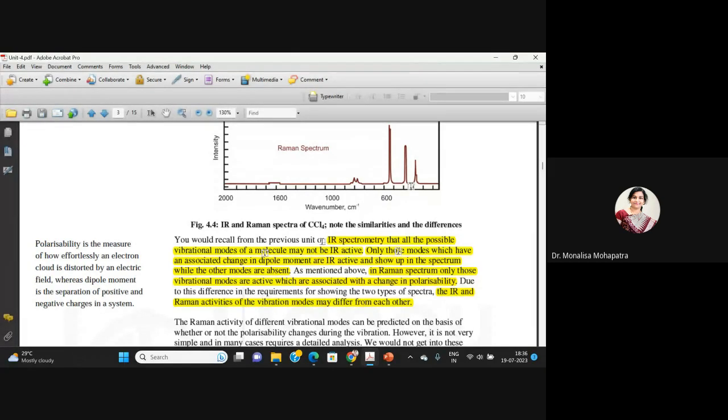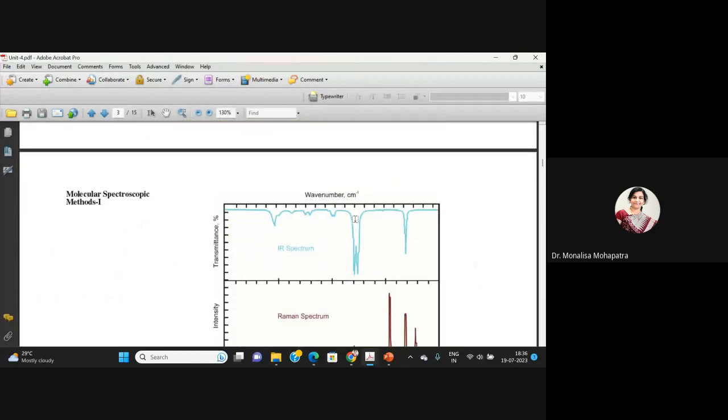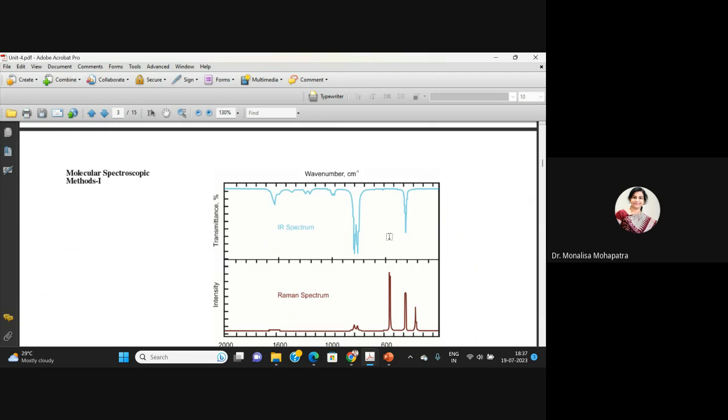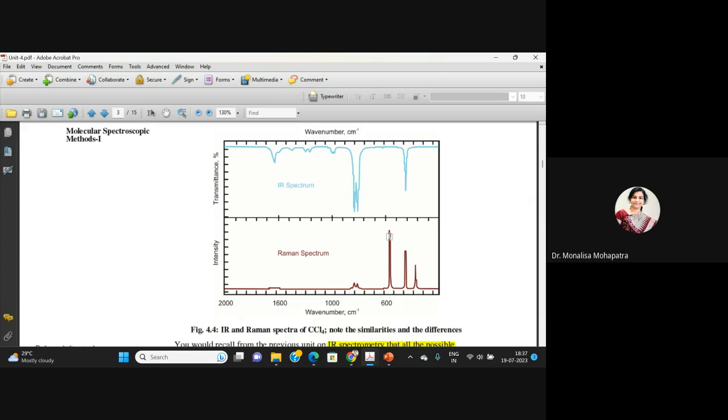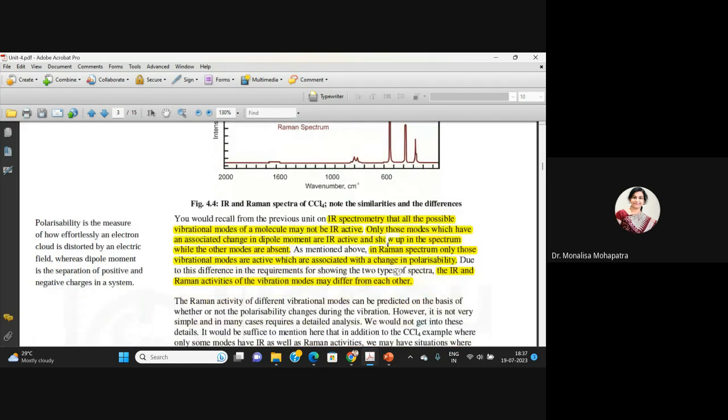So those having an oscillating dipole moment will only be IR active, and in the spectrum the other modes, other peaks, will be absent. Raman spectrum, you will understand more clearly in the subsequent parts.